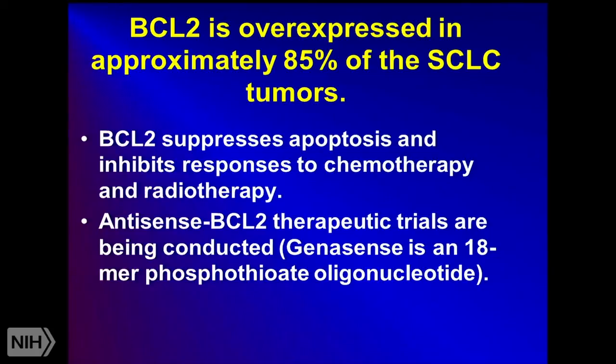So for the BCL2, it's overexpressed in about 85% of the small cell lung cancer patients. The BCL2 suppresses apoptosis and responses to chemotherapy and radiation therapy. So there's lots of clinical trials being done, basically trying to stop the BCL2.